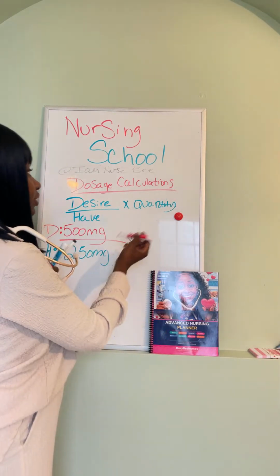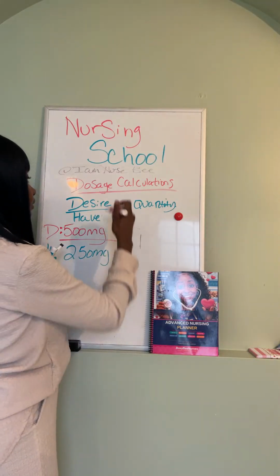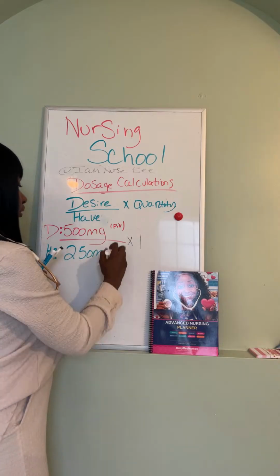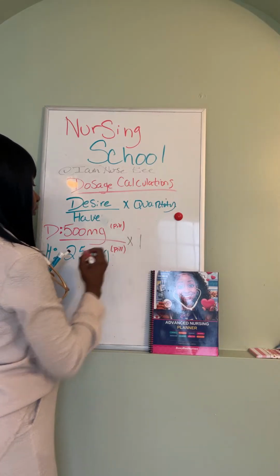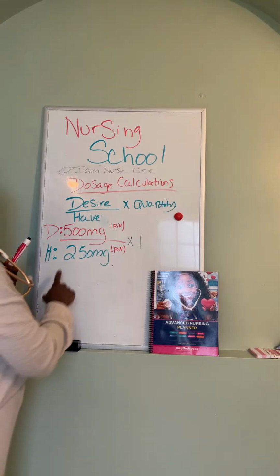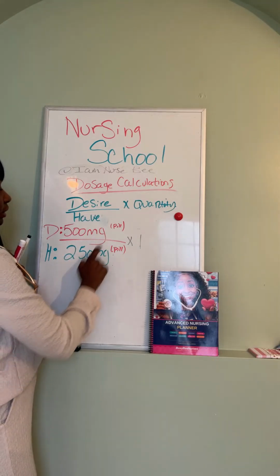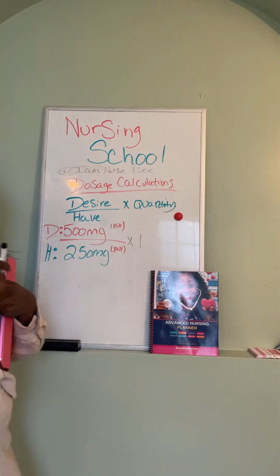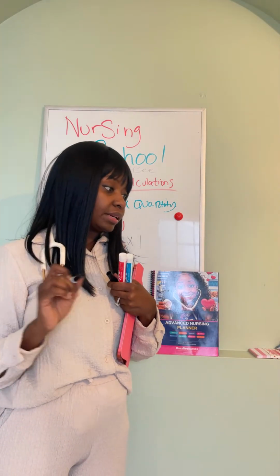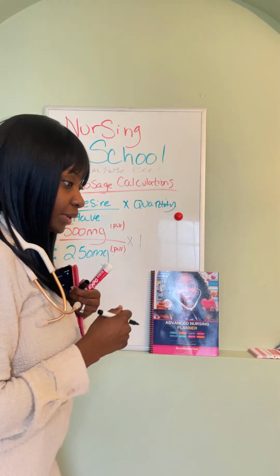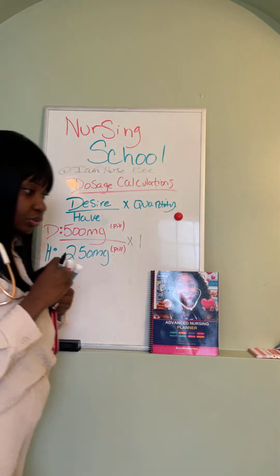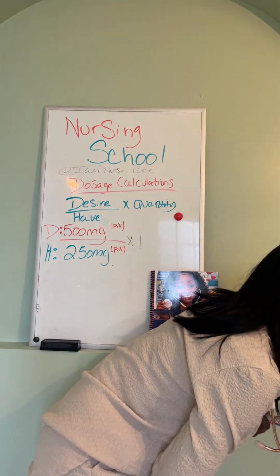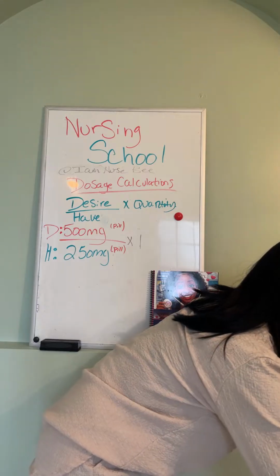And of course, the Tylenol is going to be in pill form. So this is the pill. We're going to do 500 divided by 250 times 1. Now, if you guys can put in the chat what the answer is, I'll be waiting.